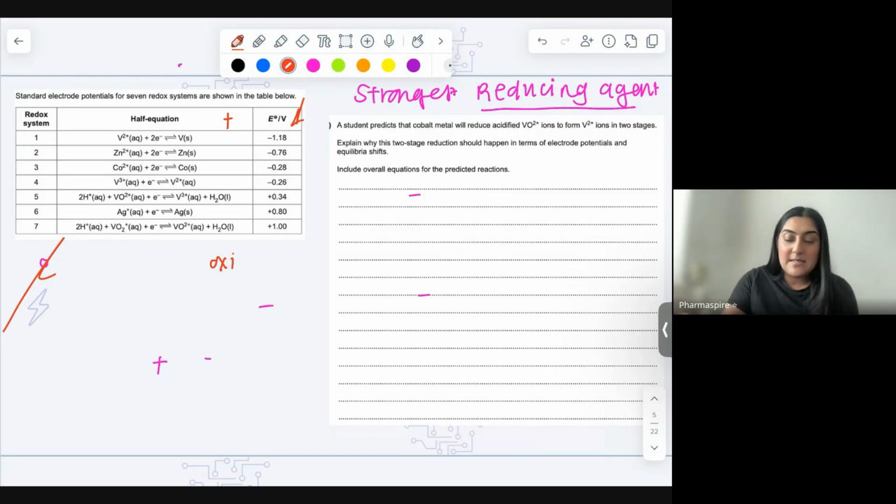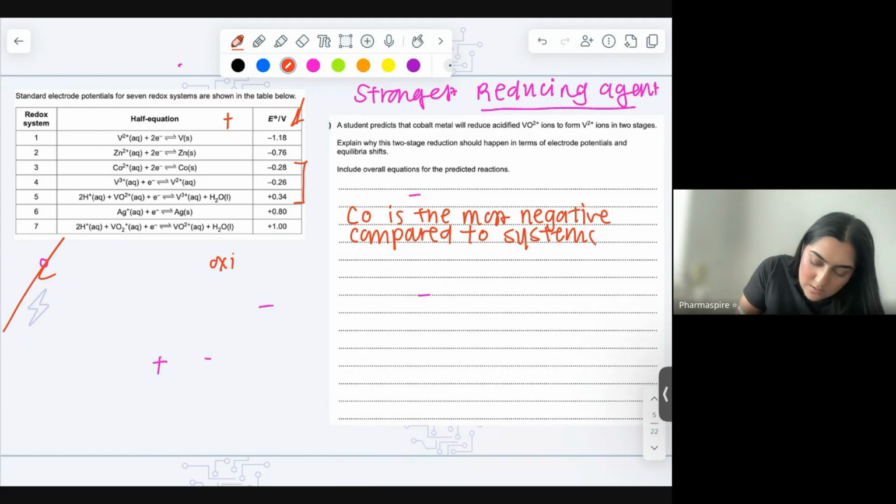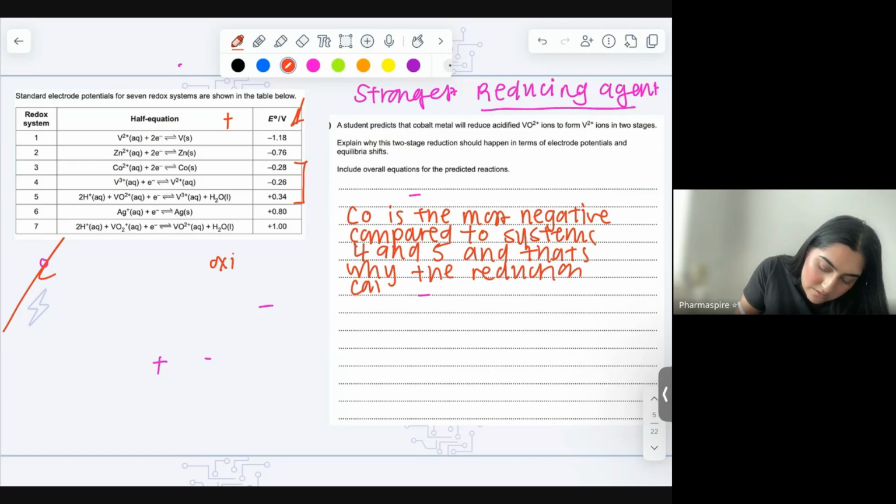So we're going to basically say, out of all these 3, do you see how cobalt is the most negative? So you need to say, well, cobalt is the most negative compared to systems 4 and 5, and that's why the reduction can occur.